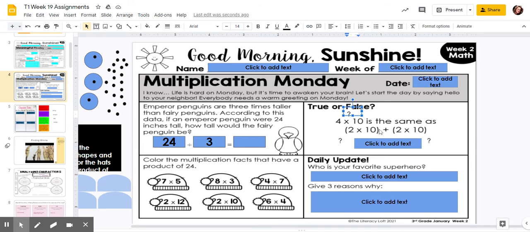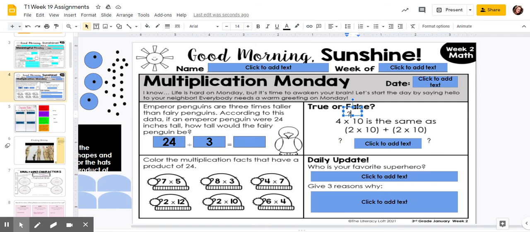Then, this looks confusing, but all it's telling you to do is work out the multiplication problem inside the parentheses and then add those 2 answers together. So what's 2 times 10? Write it where the question mark is. And then once you figure out this 2 times 10, they're the same. So both question marks will have the same product.